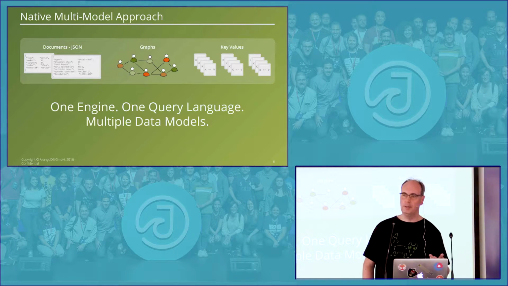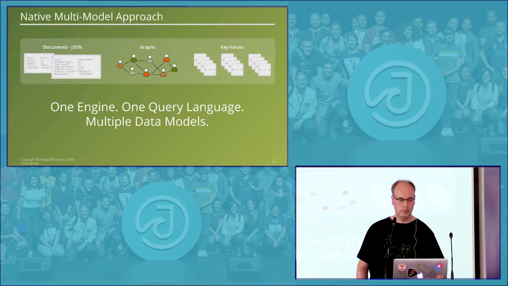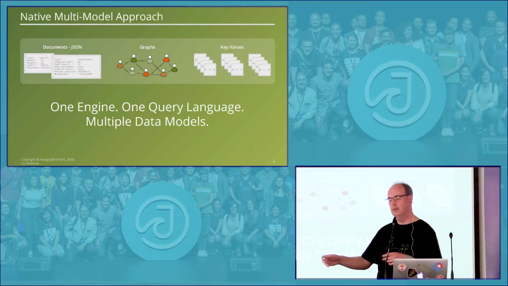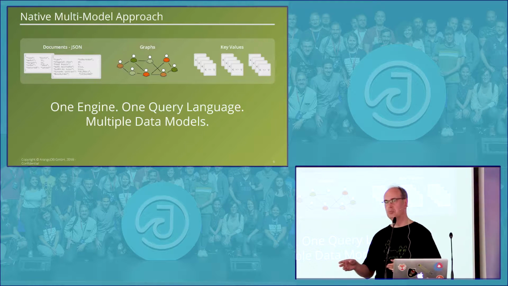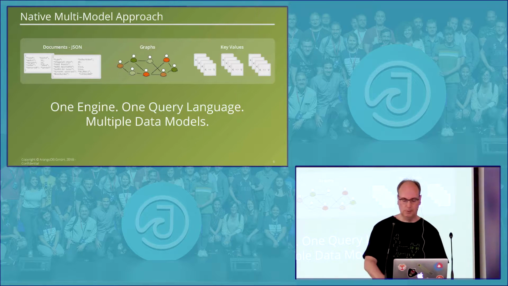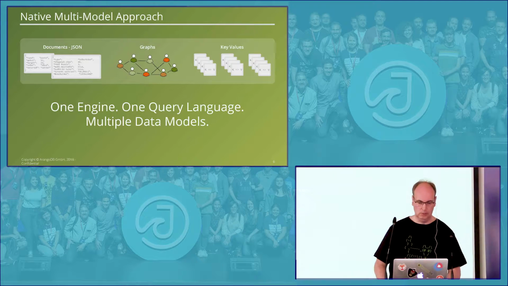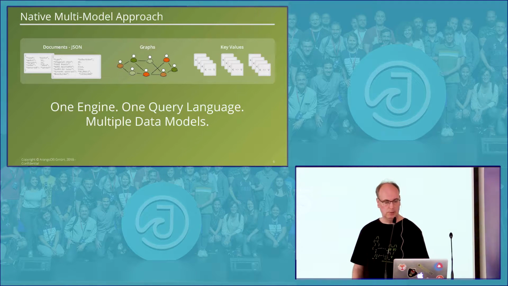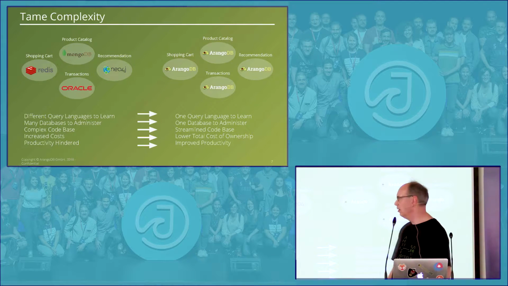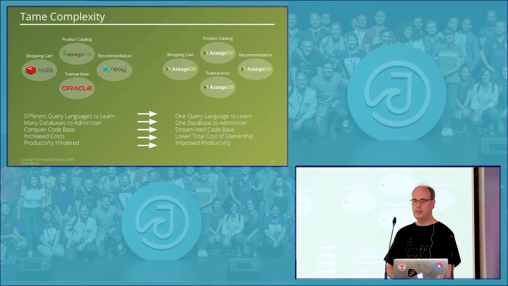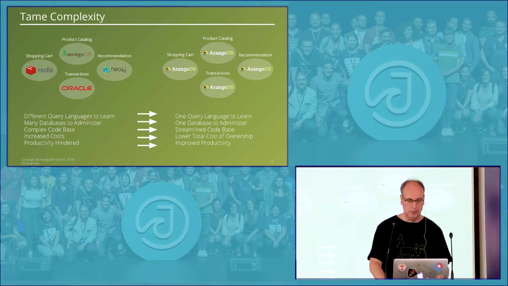And the beauty of it is if you start out with, for example, JSON documents, which pretty much everyone starts out with, and you later on decide, hey, I'm also doing something relational, just add some graphs and find the information a lot quicker in that way. So you can use all these models. It's no problem whatsoever. You don't have to install anything else. It's just all in the same package. There we go. So this is about making complexity easier, just skipping around and saying, well, do everything in ArangoDB and you're pretty much done.